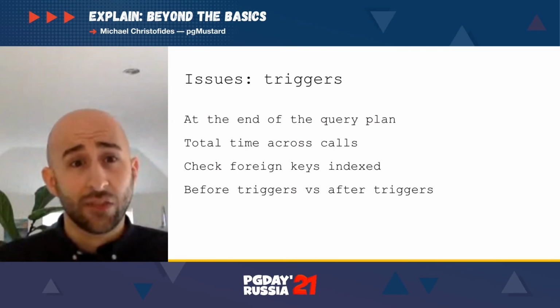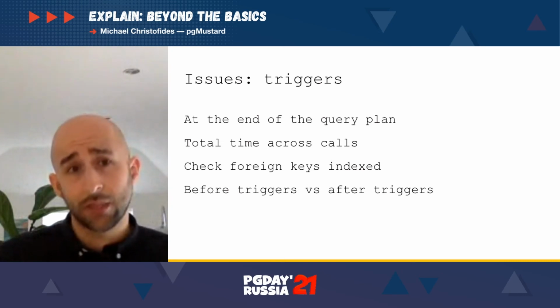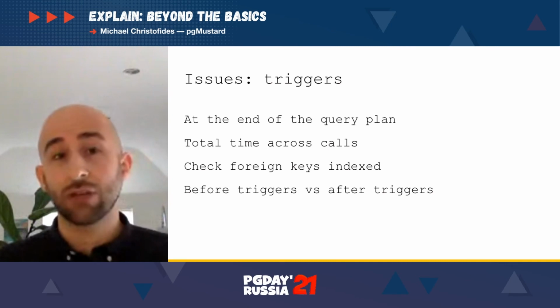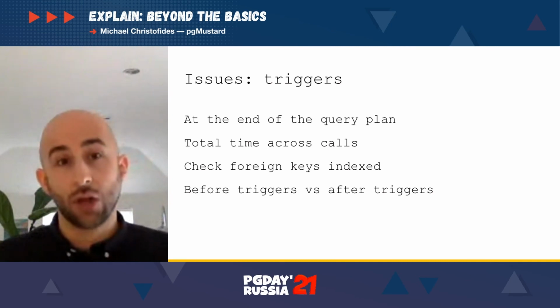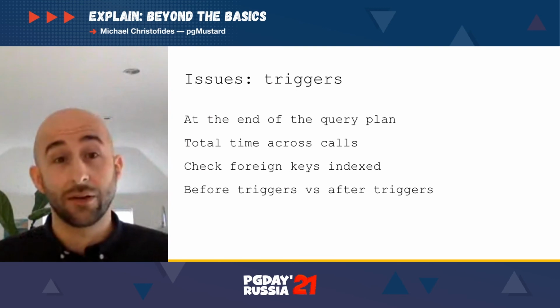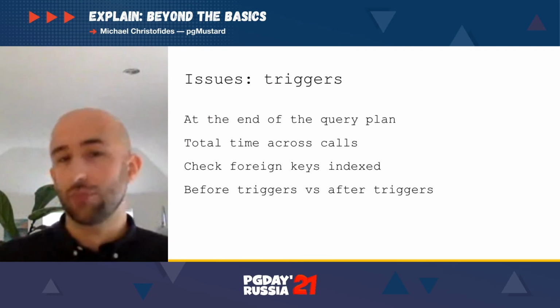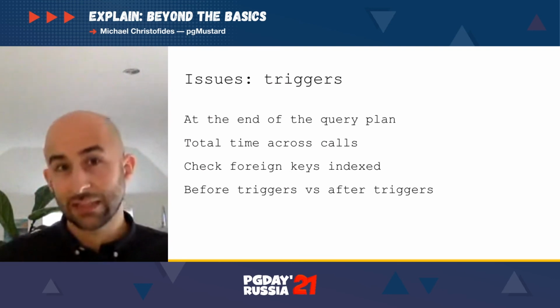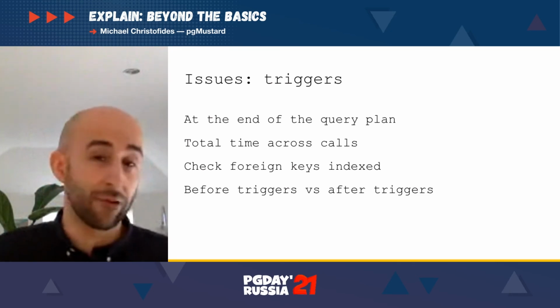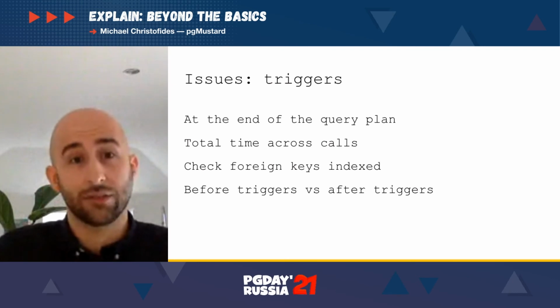Great, and then the last of the three that you can spot from the summary section are any trigger timings. The first thing to note is, even if you don't use triggers explicitly, chances are you are behind the scenes for things like foreign keys or any other constraints.